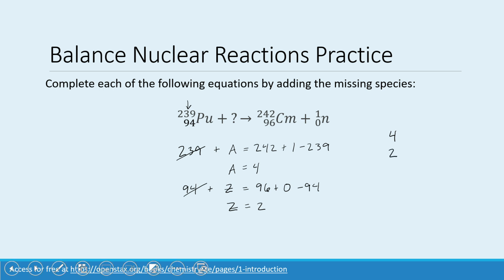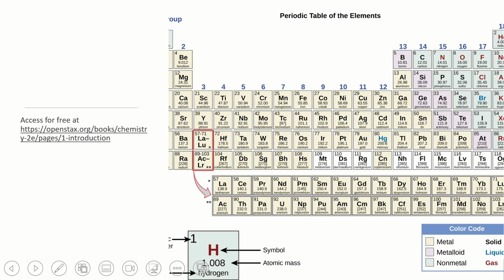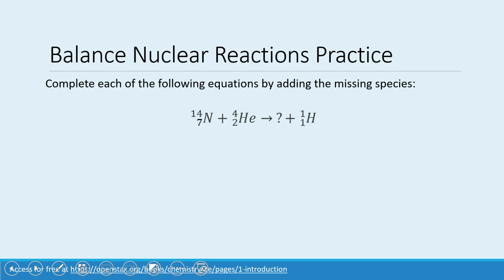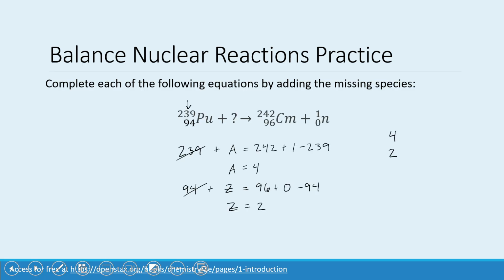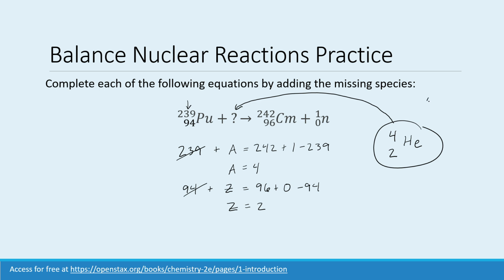Of course, you can check a periodic table, but you know what that is. It's over here. I don't have it fully pictured, but it is helium. And so it is that alpha particle that you are releasing. Okay, so that question mark there is an alpha particle. And of course, you could also represent it with an alpha symbol.